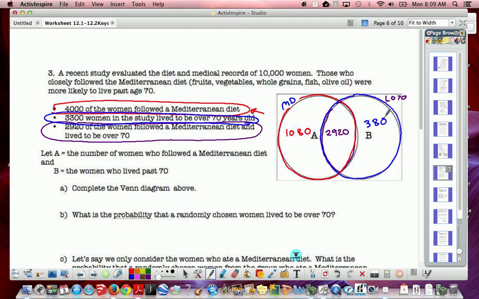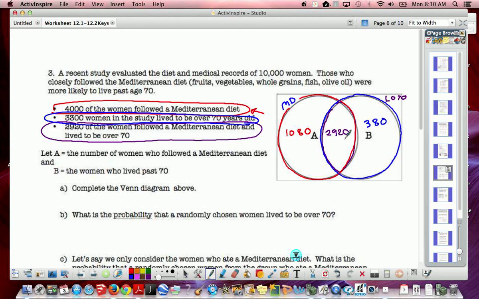Now there's still one number I need to get, and that is the number that's outside that didn't do the Mediterranean diet and didn't live past the age of 70. So one of the things I need to do is add up these three numbers, okay, and subtract from 10,000.